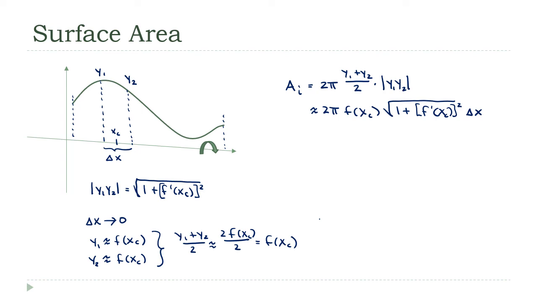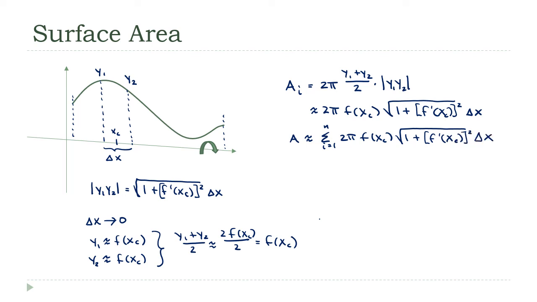This arc length is the square root times delta x. Okay, and this is really what we need. Then my total surface area is approximately the sum from i equals 1 to n of 2 pi f of x sub c times the square root of 1 plus f prime of x sub c squared, times delta x.